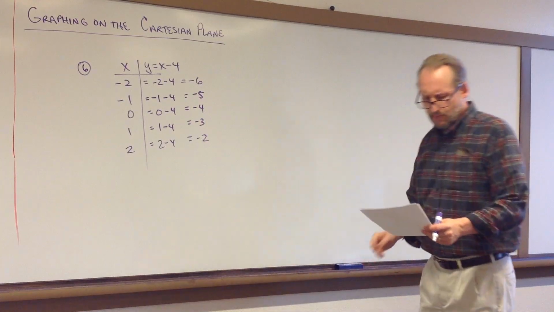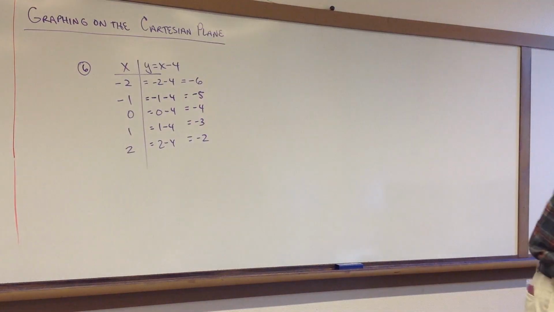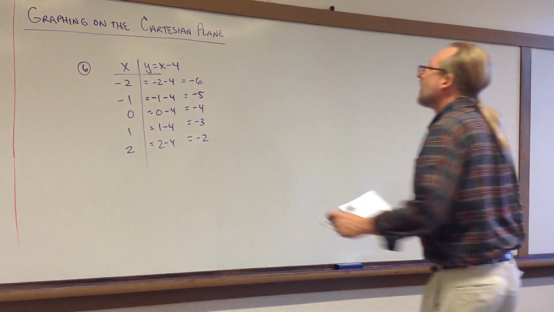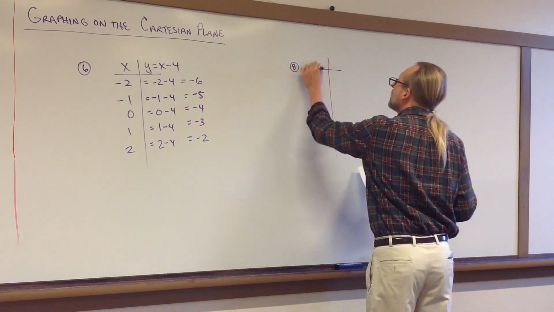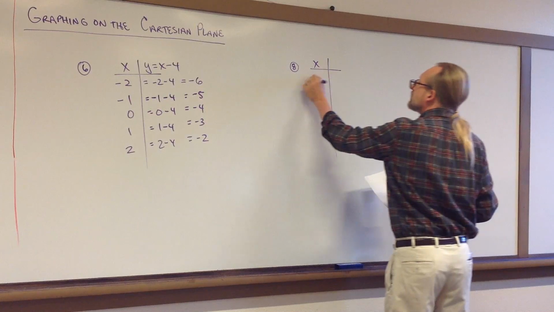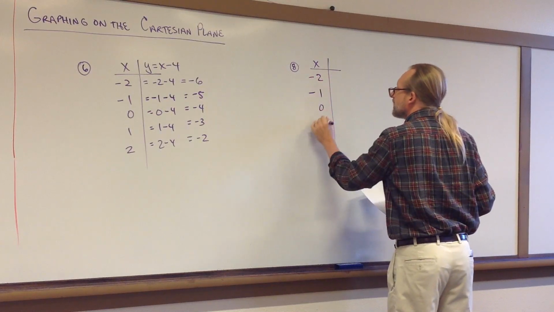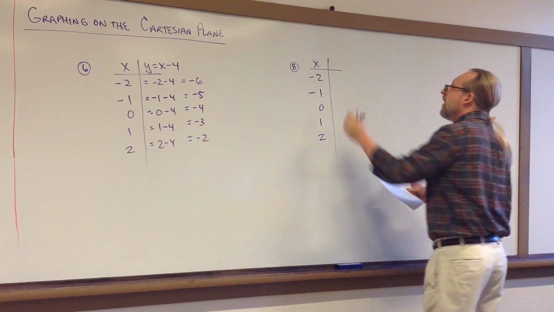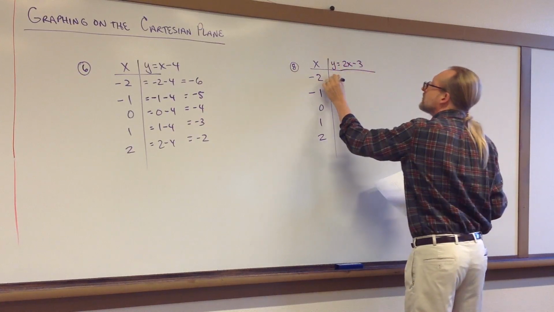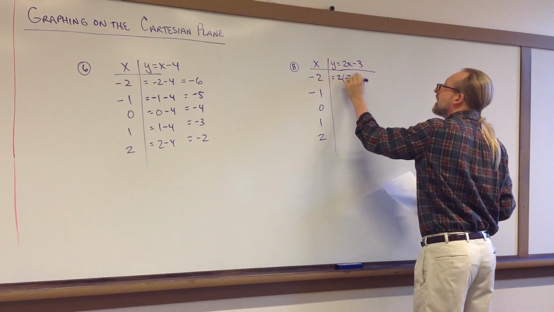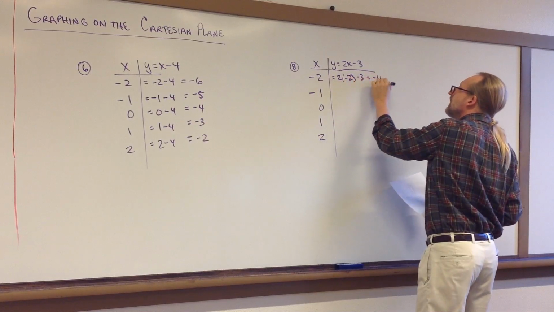Okay, let's look at a couple more here. Problem 8. Let's see. X values are the same, negative 2, negative 1, 0, 1, and 2. Our y's will be 2x minus 3. So here we'll get 2 times negative 2 minus 3.